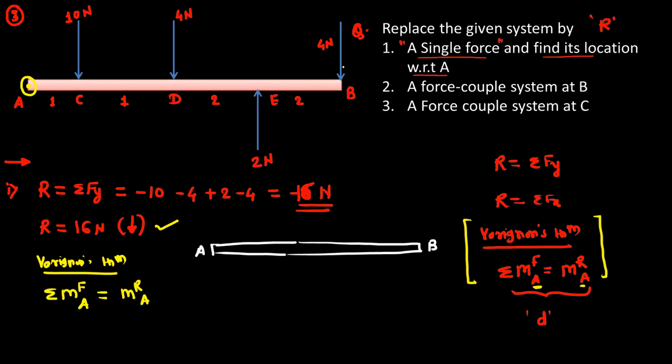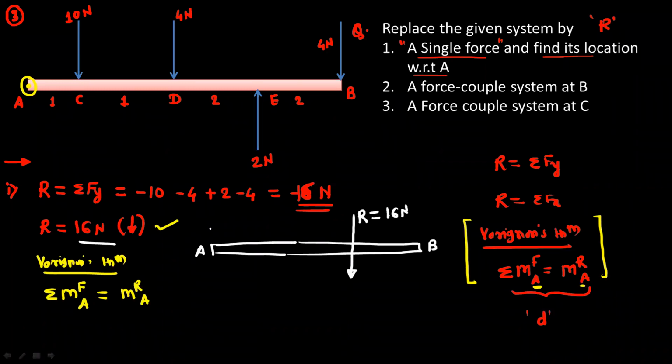We don't know the exact location, so we can assume anywhere the resultant R, only the direction is downward. So we know this direction. This is 16 Newton. When we show the direction in the downward direction, don't write here minus 16. Okay, 16 Newton in the downward direction.